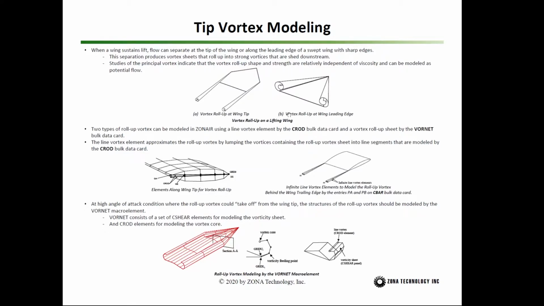Studies of the vortex wake indicate the wake roll-up shape and strength are relatively independent of viscosity and can be modeled as potential flow. Two types of roll-up vortex can be modeled in ZONAIR. First, a line vortex element modeled by CROD, and another one is the vortex roll-up sheet by VORTEX.